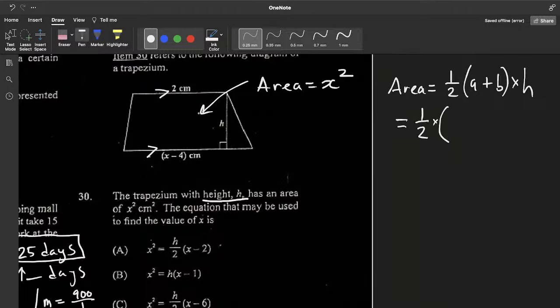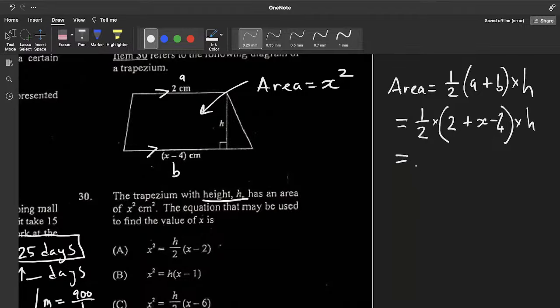What is a? A could be this top number or the bottom number. It doesn't really matter. So I'm going to say a is this top number, which is 2. So I'm going to have 2 plus b, which is x minus 4. And I'm going to multiply that by the height, which is just h. They didn't give us the actual number.